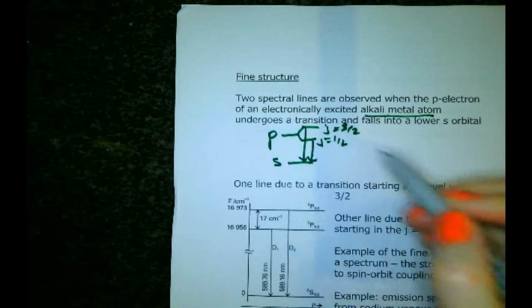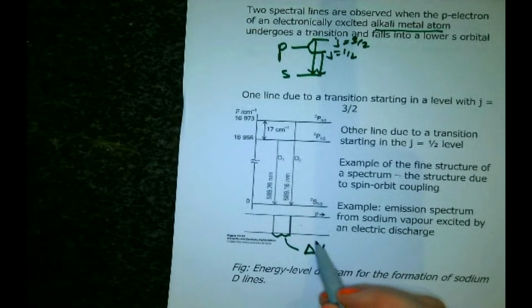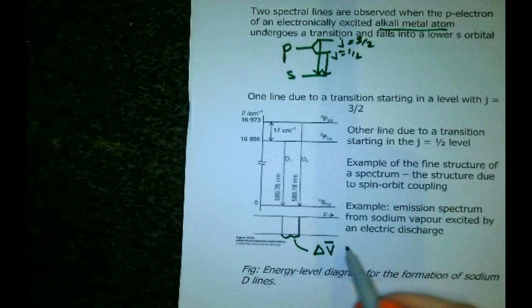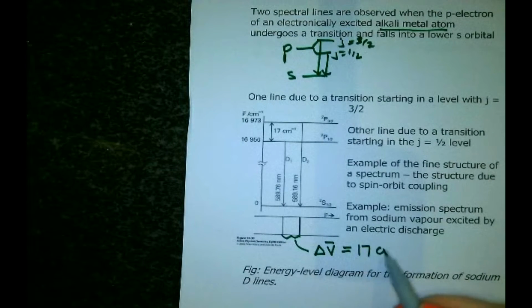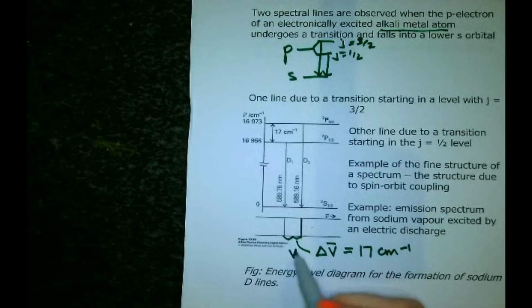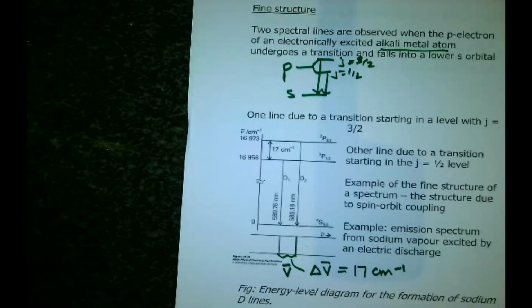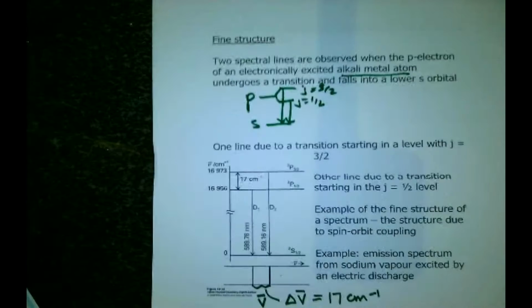So when you get emission from two different levels, you get two different lines. And we said that the difference in wave number between those two lines in your spectrum, so if you have your spectrum in terms of wave number, that difference is 17 per centimeter. So we are going to use that information in an example next.